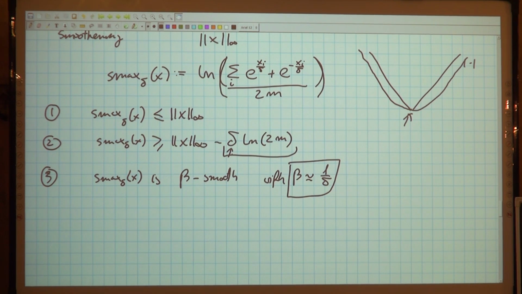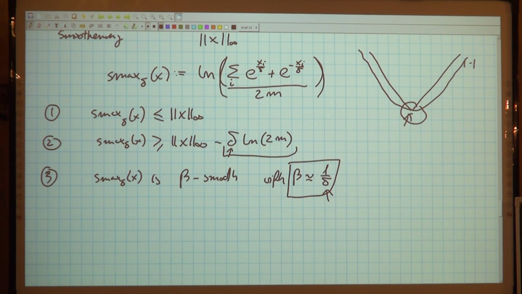The bigger the delta, the less honest an approximation of L infinity we are. On the other hand, the smaller the delta, the larger our smoothness is. And you expect it inherently to be so, because in the limit, it's something that is very non-smooth. So just to be able to smoothen out this sharp edge, you have to pay something. You have to move away from the function a little bit.